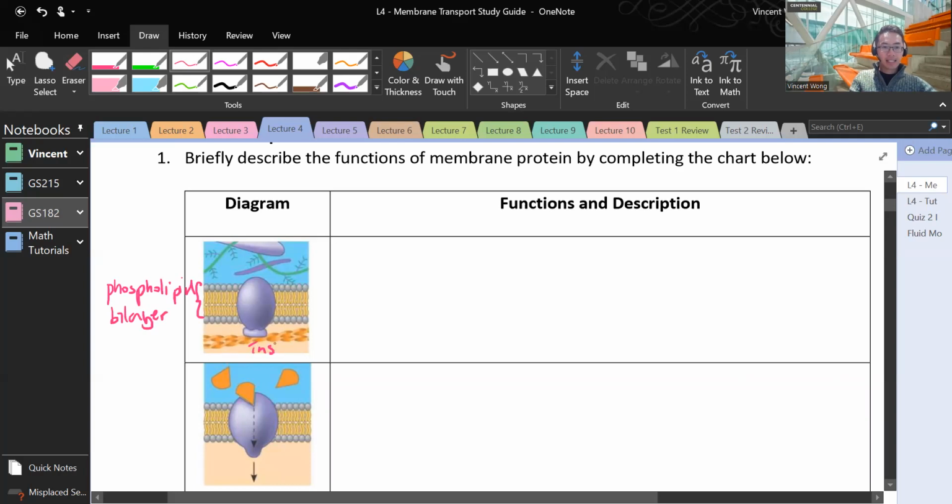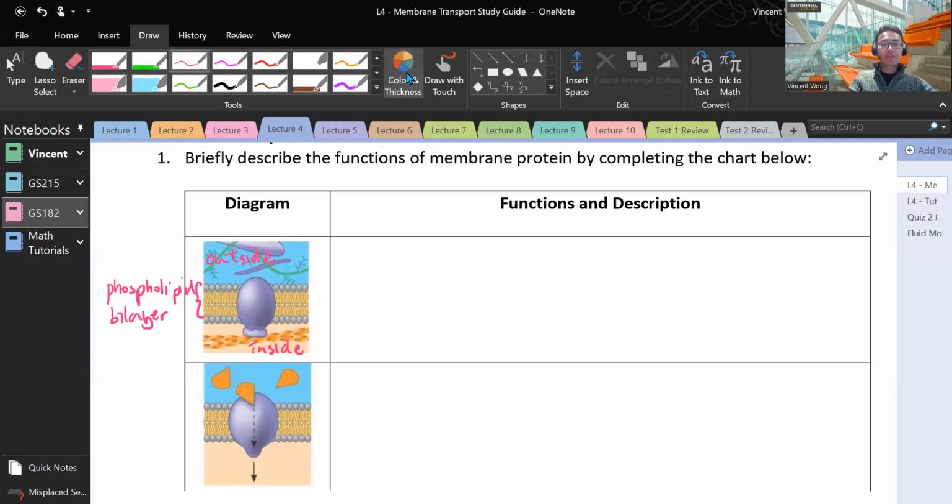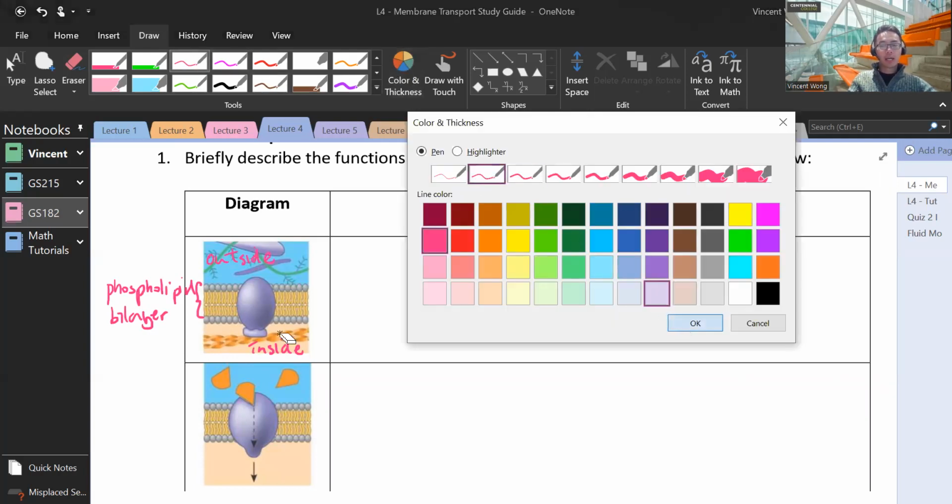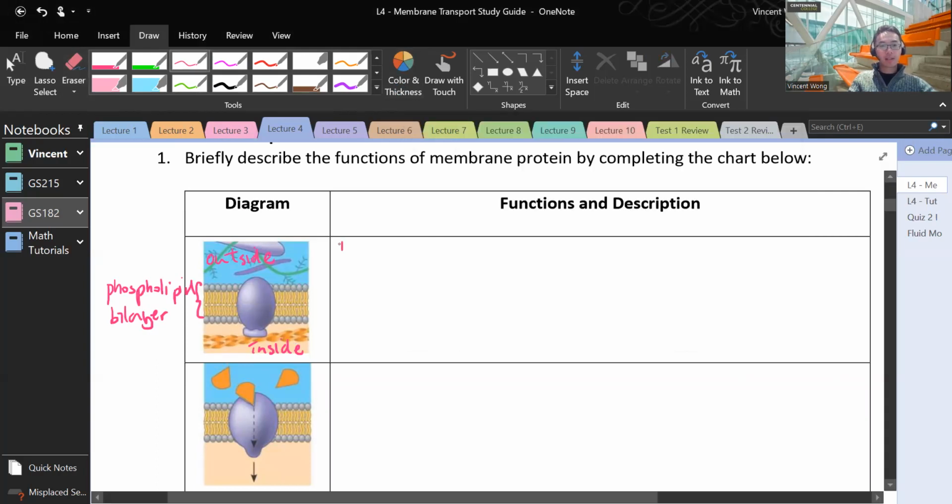This is the inside of the cell, and this is the outside. The first function for membrane proteins here is that it allows the attachment to cytoskeleton.